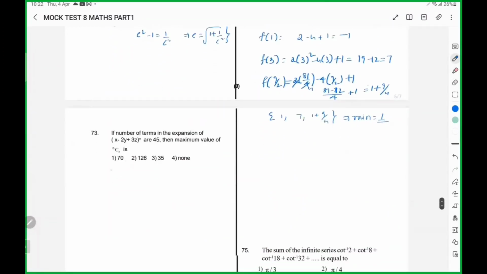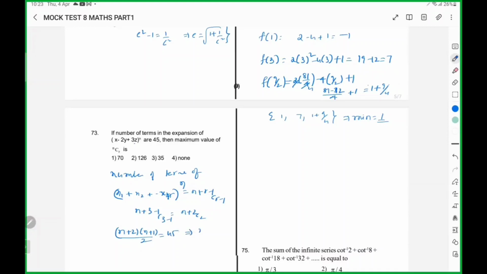Here, 73. Sum of the number of terms of the expansion, m plus r minus 1 C r. Here r is 3 variables, n plus 2 C 2. n plus 2 into n plus 1 by 2 is 45. n equal to 9, 9 plus 2, 11.